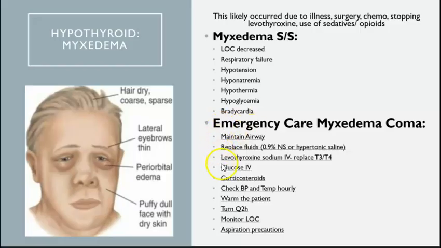So things that we need to have on hand and be ready for. So maintaining that airway. Everything is extremely slow. Replace those fluids with normal saline or hypertonic. Levothyroxine IV. Glucose IV. Corticosteroids IV.